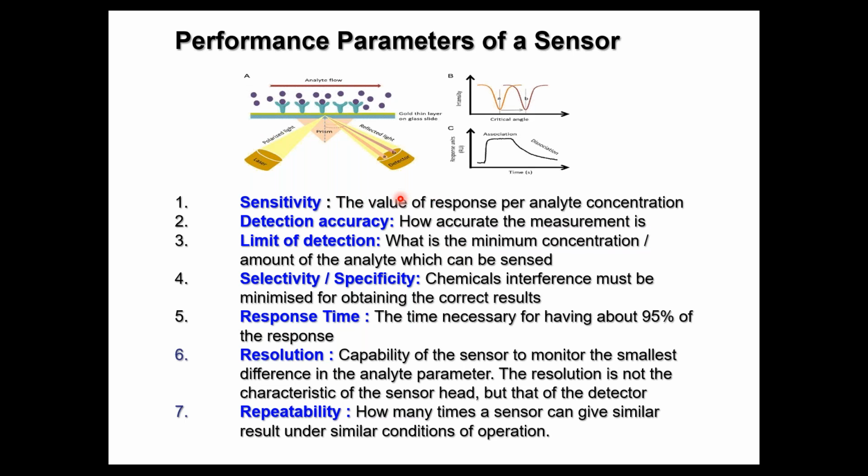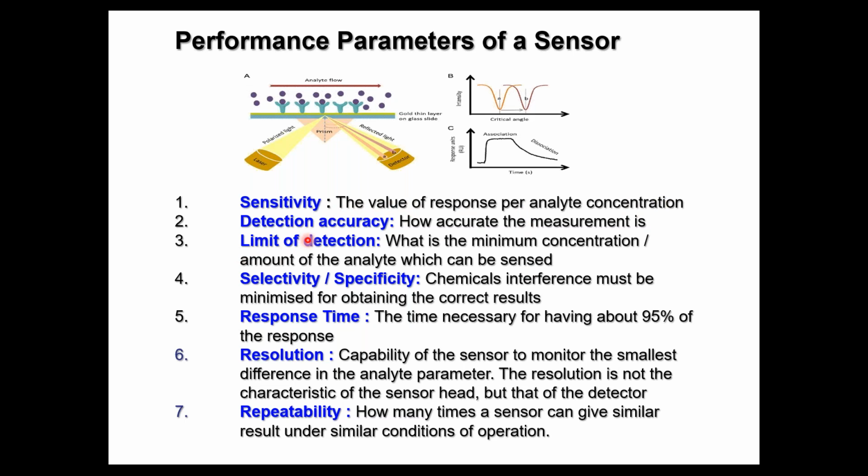Sensitivity has to do with the value of response per something that is actually detected. But how sensitive your sensor is relates to the limit of detection. Limit of detection: what is the minimum concentration, the minimum value of the analyte that can be sensed?